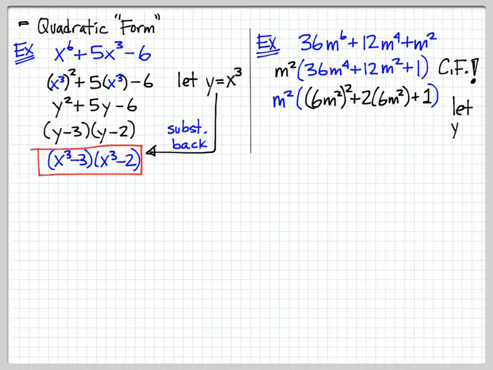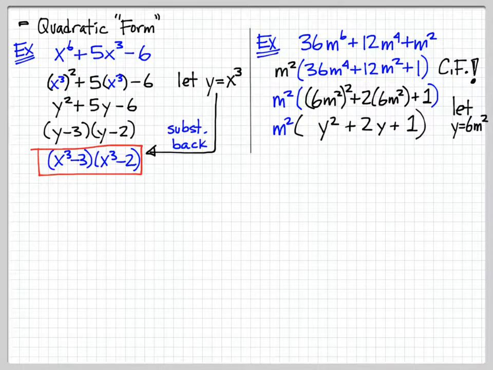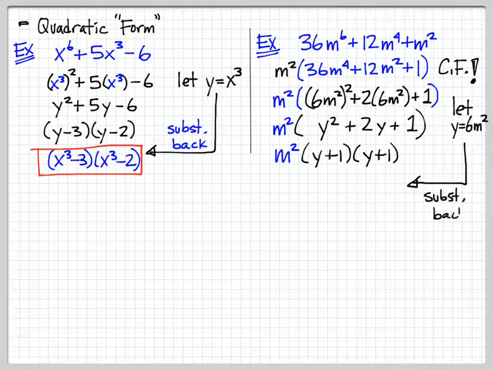So then we say let y is equal to 6m squared, and then we can rewrite this in a way that's easier again to comprehend. Y squared plus 2y plus 1, and we can factor this now. We have our y plus 1 times y plus 1, and now we substitute back in.